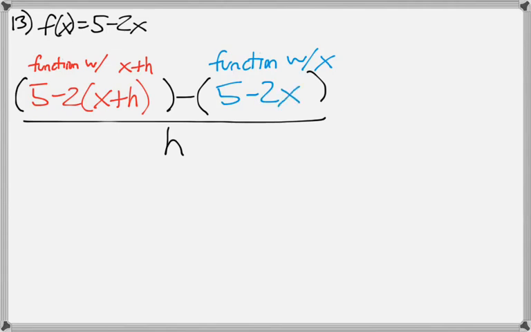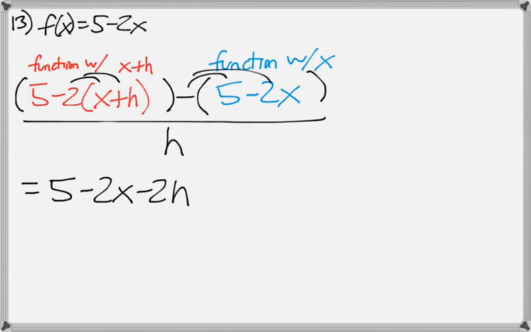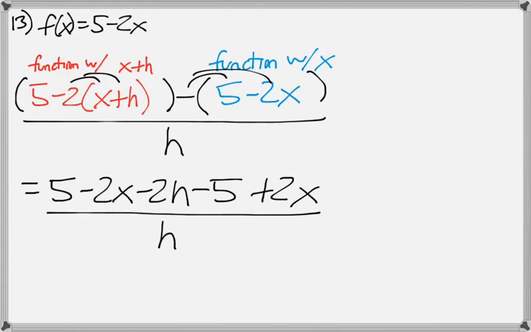And from here, it's a simplifying problem. So if I start distributing, this will be 5 minus 2x minus 2h. And then I want to distribute that negative sign, so it would be negative 5 plus 2x. This is all over h.